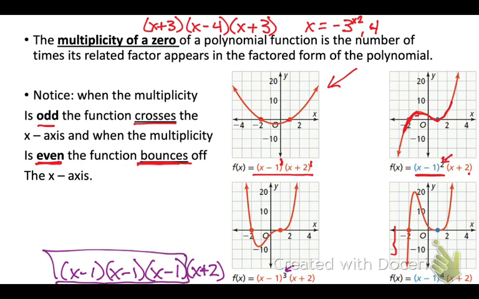So it's an odd number, so it can cross at x equals 1. Does it? Yeah. It goes up and goes right through there. Now over here, I have x minus 1 to the what power? 4. So that is an even multiplicity. So at 1, it's not going to cross. It's going to what? Bounce.